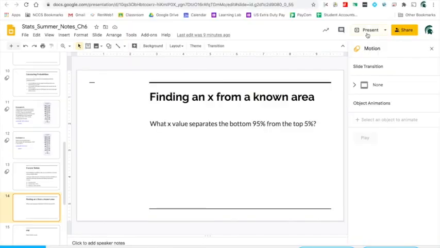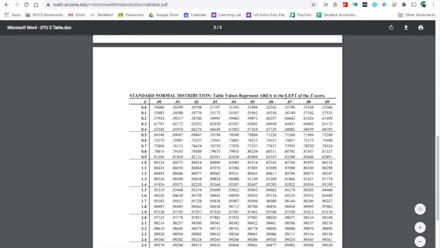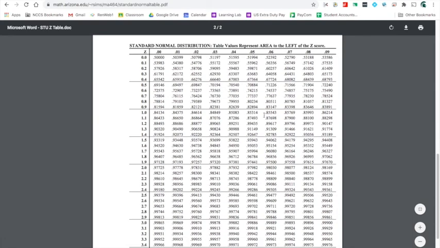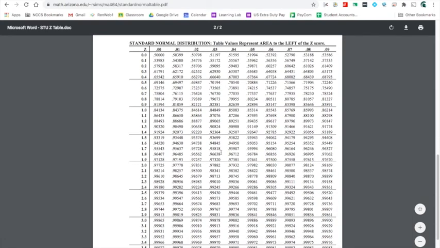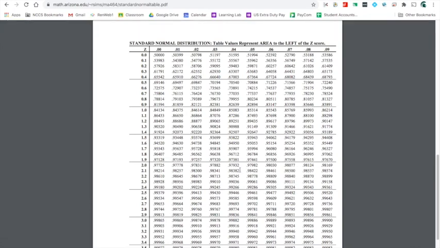But perhaps we don't have the calculator again. The second way to do it would be to look at the table. What we're looking for in the body of the table, where we see all these probability values, is the one that's as close to 0.95 as we can.